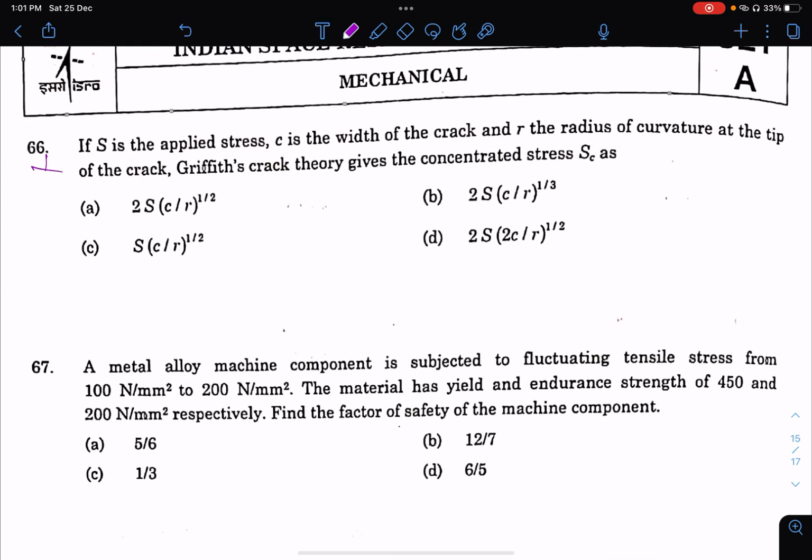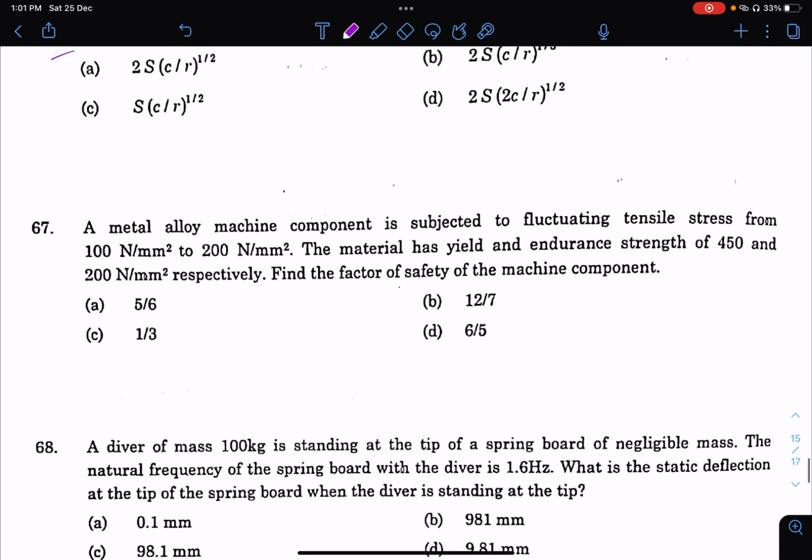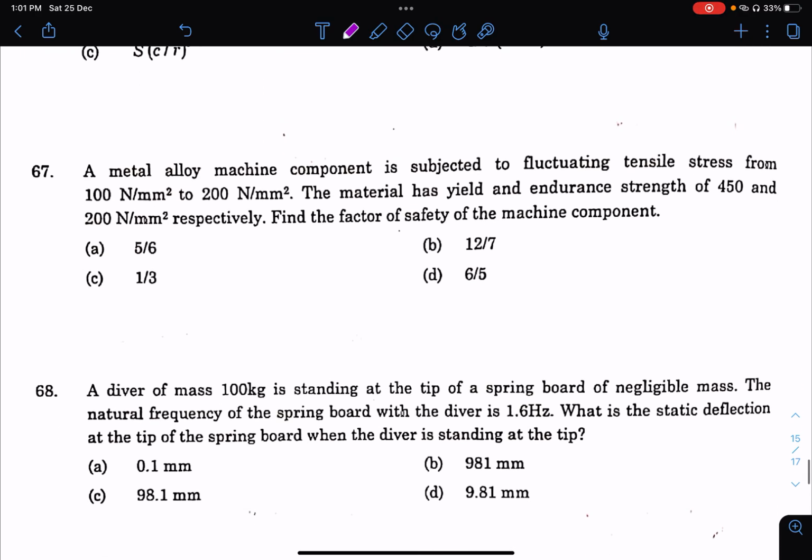We will leave this question, number 66. A metal alloy machine component is subjected to a fluctuating tensile stress from 100 to 200, that is tensile. The material has yield and endurance strength of this one.